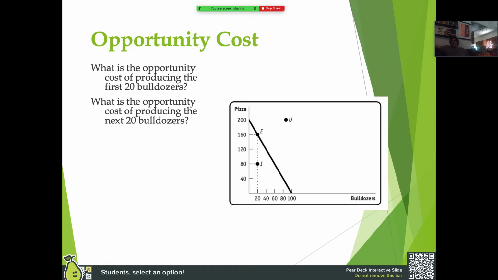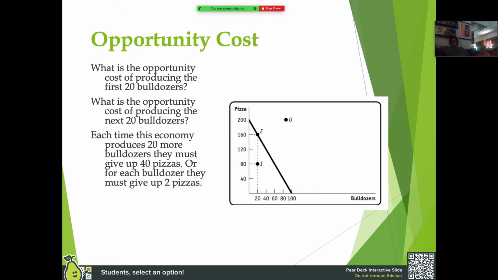And again, the opportunity cost is what you give up when you make a decision. So when you decide to make 20 bulldozers, you're giving up pizza. And you can see every time this economy produces 20 more bulldozers, they must give up 40 pizzas. Or, if you want to reduce that down, for every bulldozer, they give up 2 pizzas.